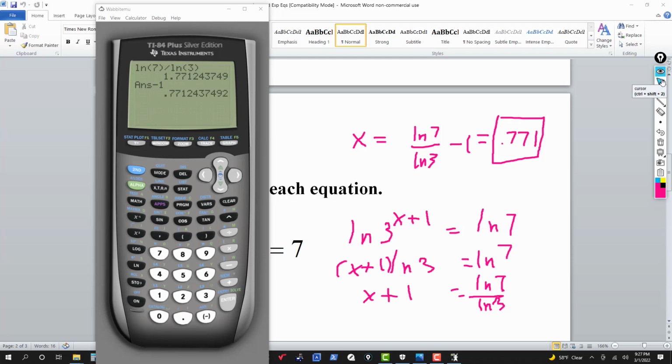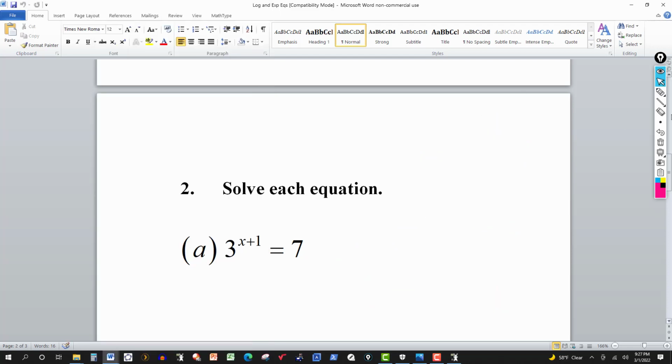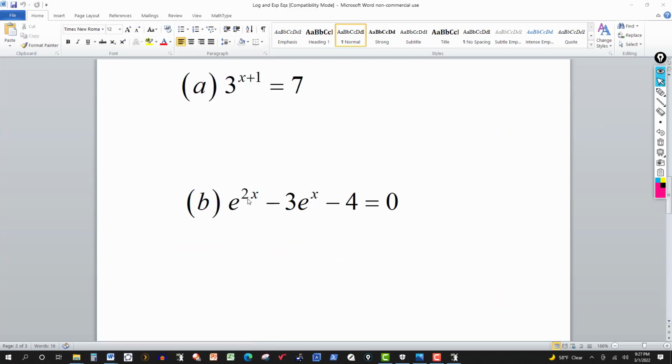Okay, let's clear this, and we go to the next one. So we have e to the 2x minus 3e to the x minus 4 is equal to 0. This is an exponential equation. This has a special look here. It kind of looks like a quadratic equation. I could rewrite this as e to the x, squared, minus 3e to the x minus 4.